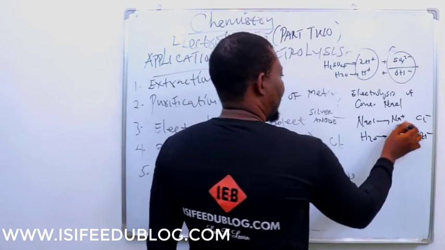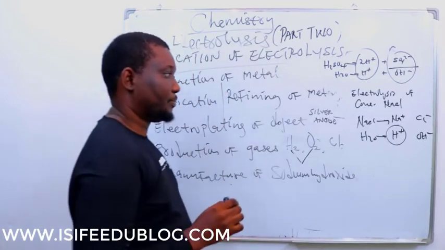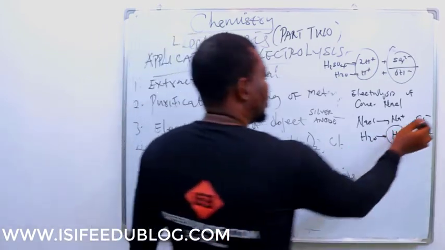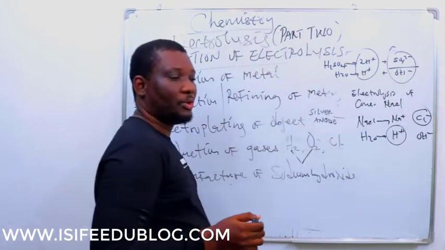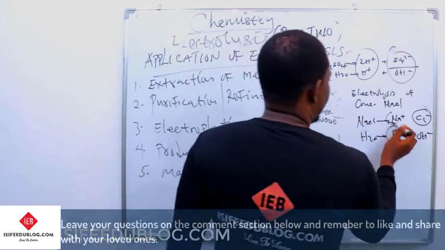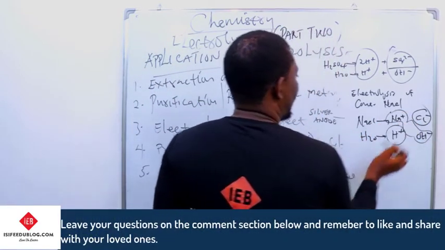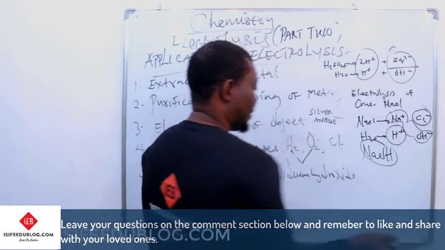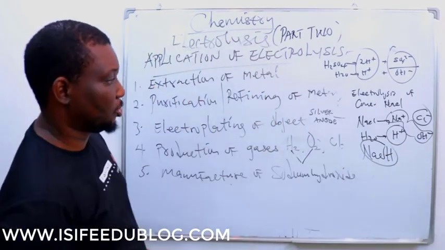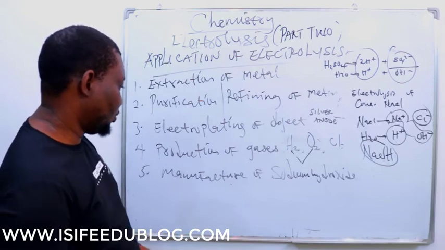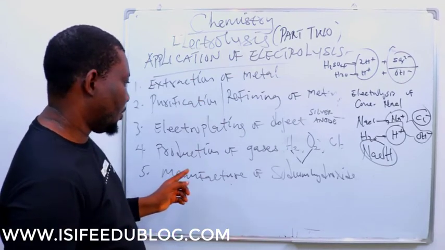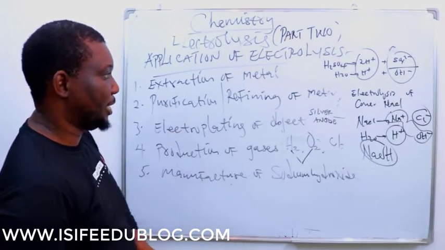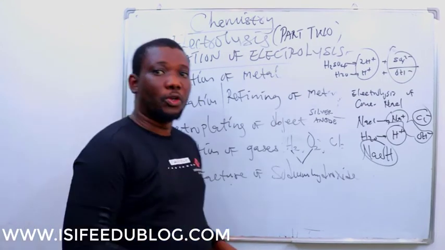So if hydrogen is discharged at the cathode and chlorine is discharged at the anode, the remaining ions will recombine, because nothing is separating them, to form sodium hydroxide. So you can obtain sodium hydroxide via the electrolysis of concentrated sodium chloride.